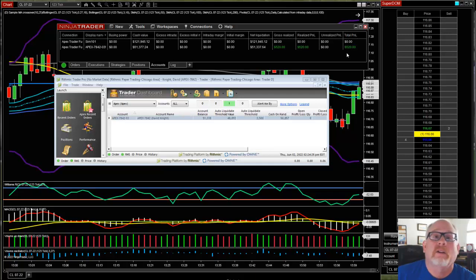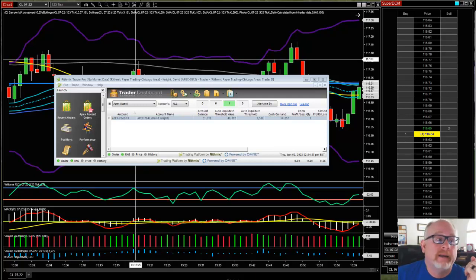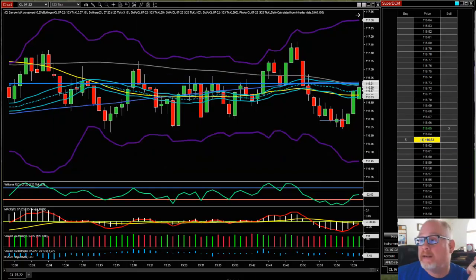It's going to take me longer to get over to the PA account, and that makes sense because volatility has decreased. Therefore, profitability has decreased as well, because you're having to take less profit per trade as opposed to when we were trading at 7 and 8, and it was easy to get 67, 80 ticks on one move.